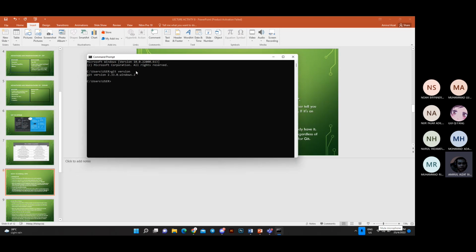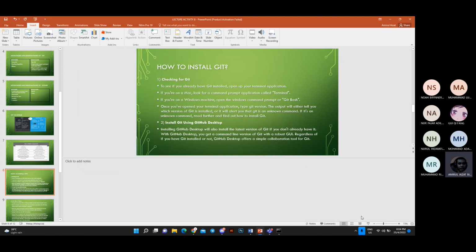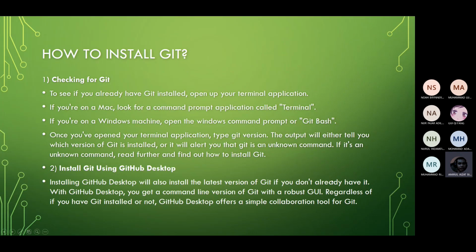So this is my machine's Git version. Basically, if you don't have Git and you install GitHub, it will automatically install Git on your desktop. So if you have GitHub, you have Git on your desktop.